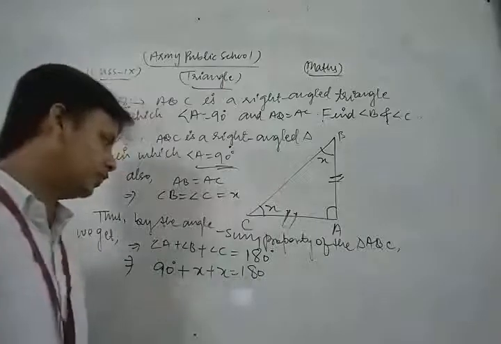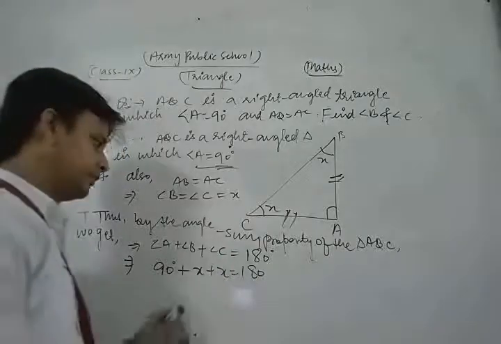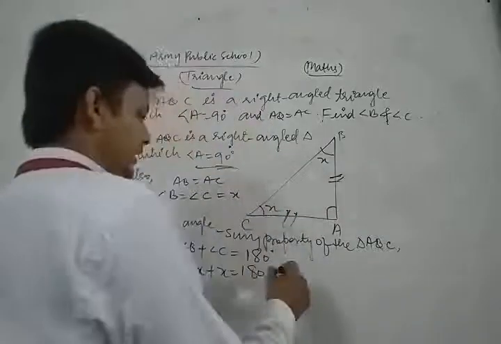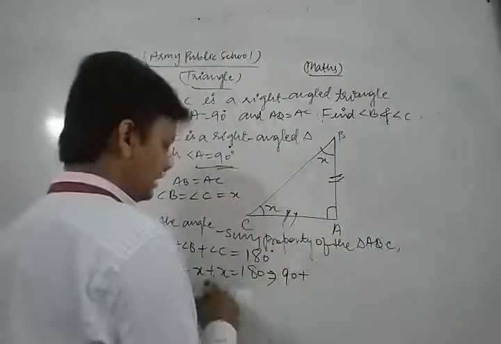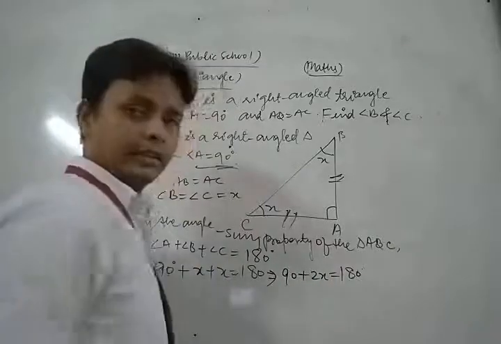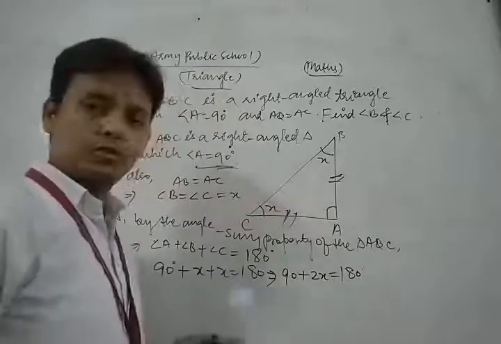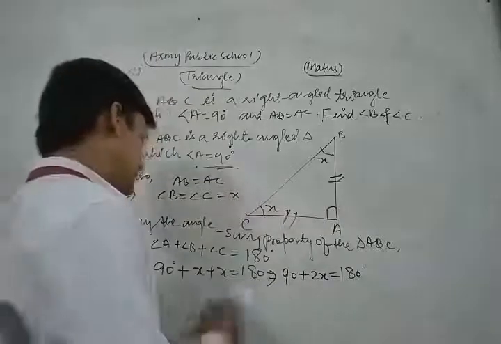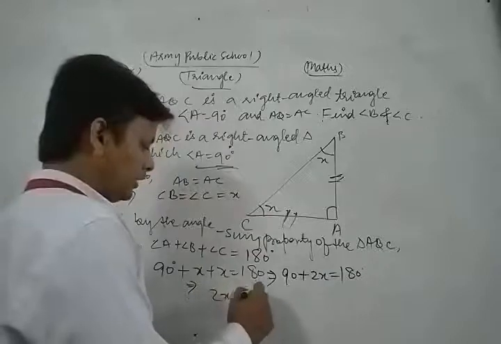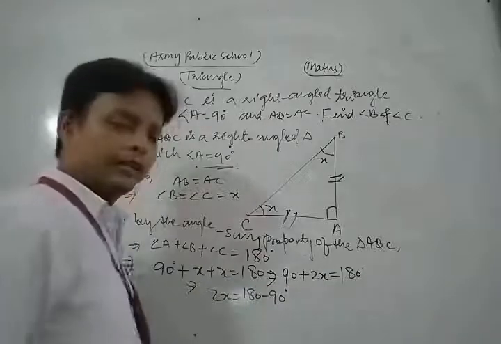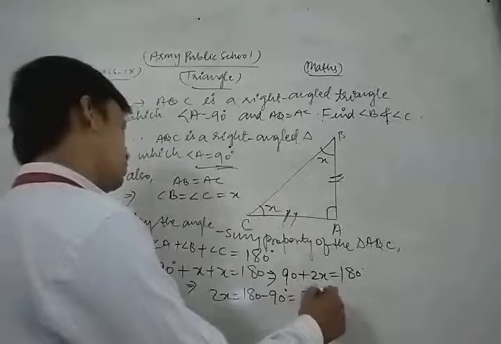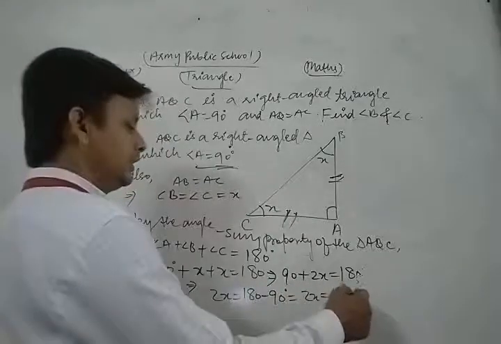Now we simplify. So we get 90 plus 2x is equal to 180 degrees. Thus 2x is equal to 180 minus 90, that is 90 degrees.